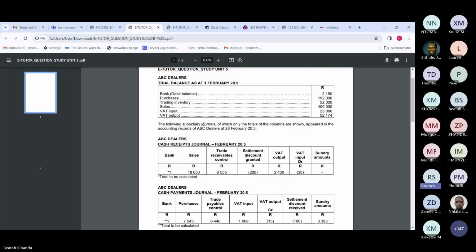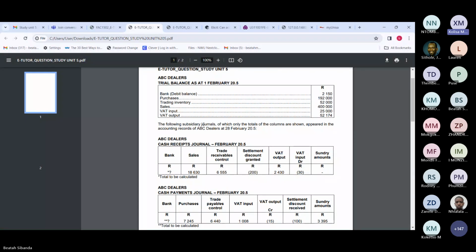Now, this is in your sales journal. But let me put it to you this way. If you look at your sales journal, they've got a total amount of trade receivables of 16,100, and they've split it between sales and output VAT, right? Now, I want you to look at your cash receipts journal.